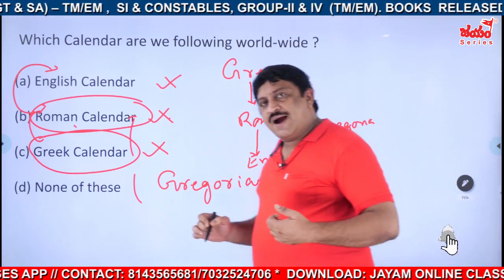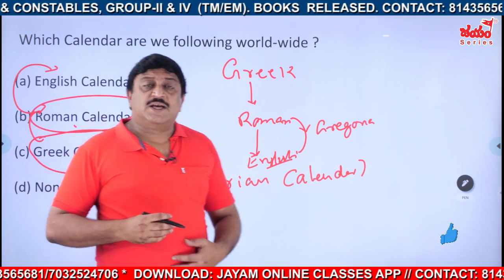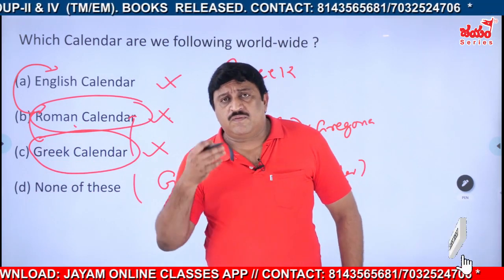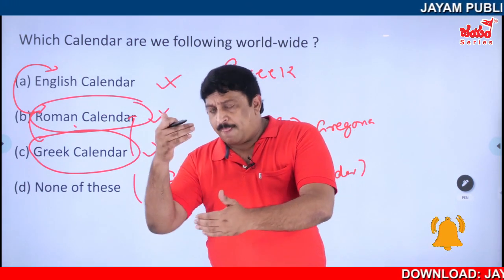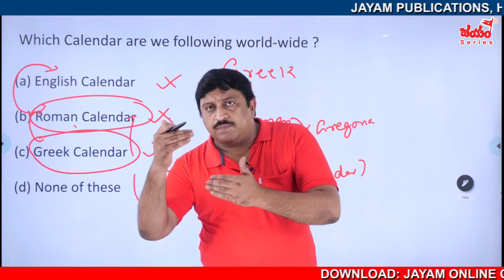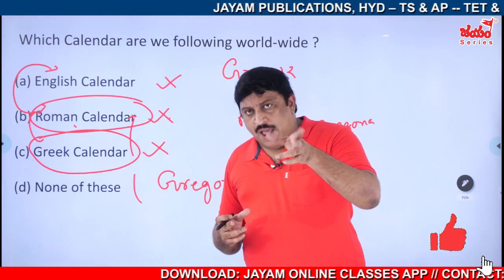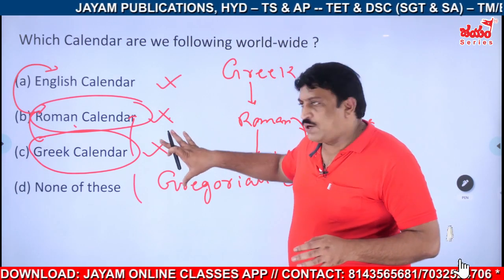Romans corrected and said that is Gregorian calendar. So, what is this Gregorian calendar? I will let you know about that when we come across that concept. At that time, we'll let you know.